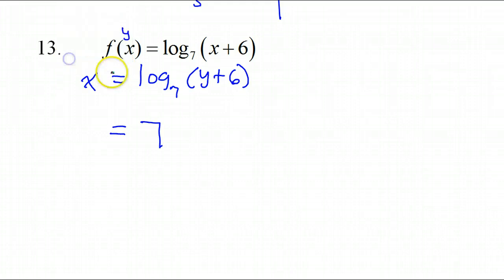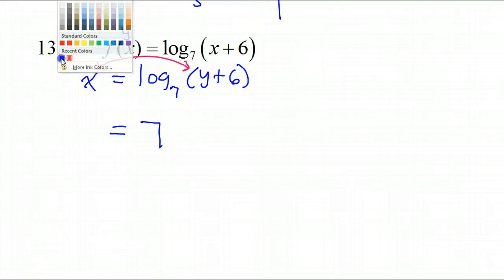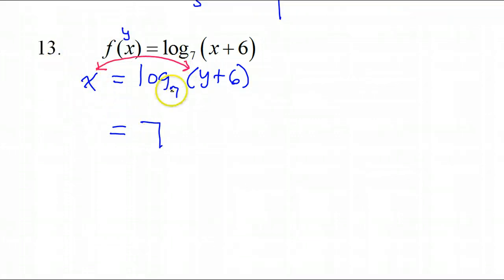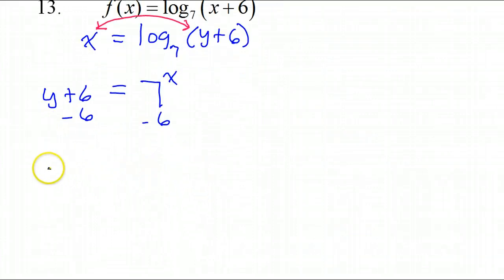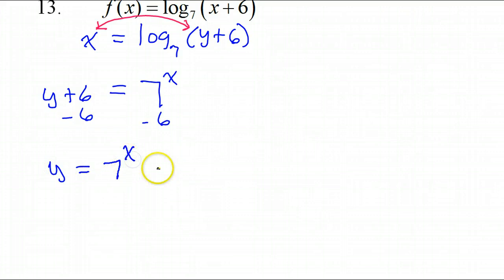So the x and the y plus 6 have to trade sides. The x is going to come over here and become the power, and the y plus 6 is going to come out here. And then we just subtract 6 from both sides. So that's going to give us y equals 7 to the x power minus 6.